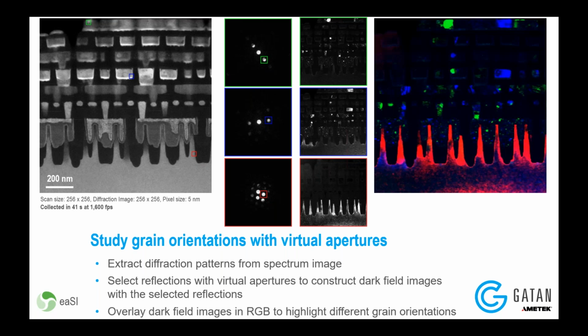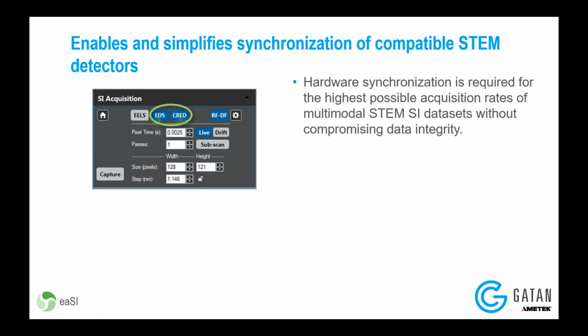Then you can take those maps and very easily combine them within DigitalMicrograph into an RGB image to give you some fun mapping of structural and diffraction information in space at essentially any type of condition or spot in the diffraction pattern that you may be interested in analyzing. So the workflow is very easy.